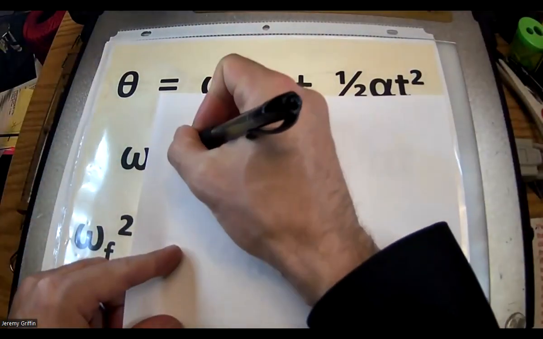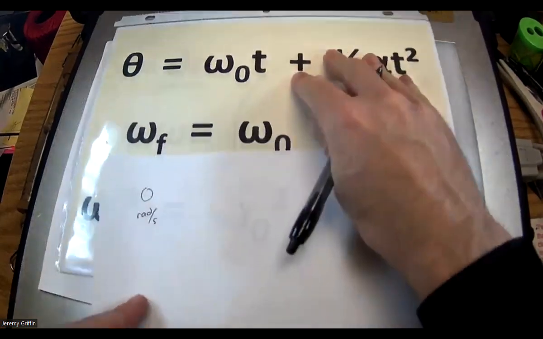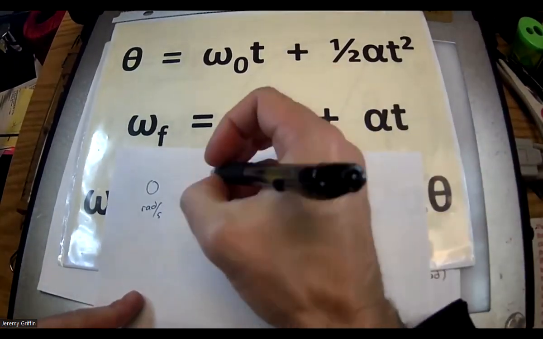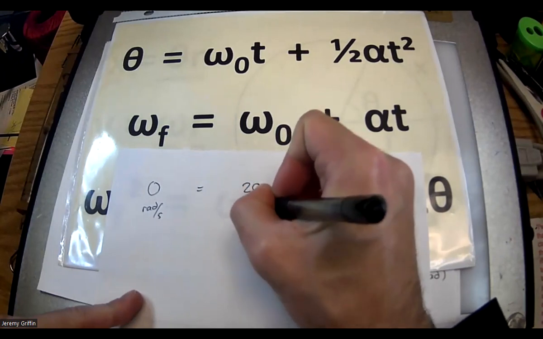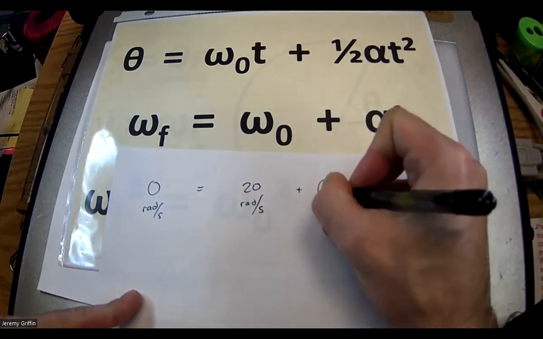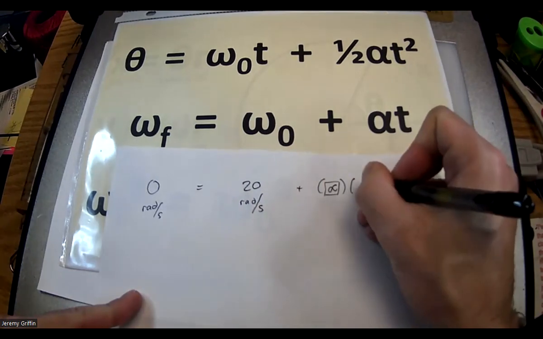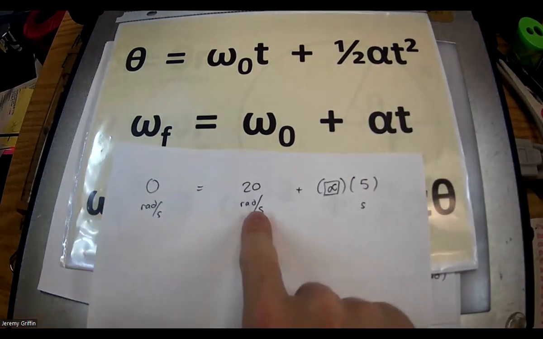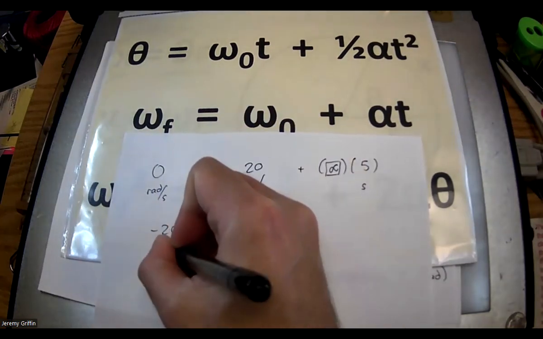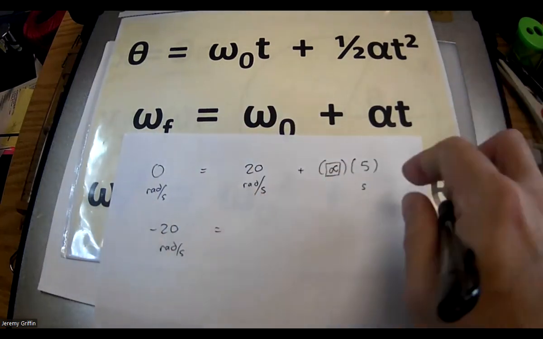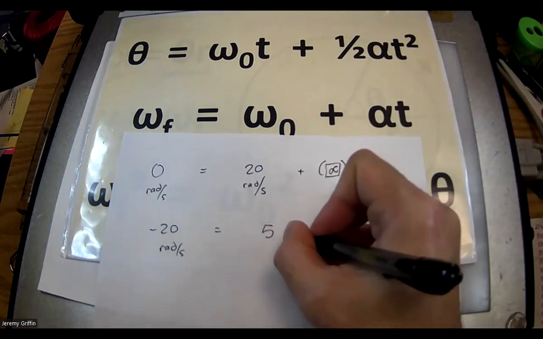So it's going to 0 radians per second, just playing off this kinematic formula right here, from 20 radians per second. It was slowing down at some rate that we're solving for, and it did this all in 5 seconds. So can I subtract over 20 radians per second? Call it negative 20 radians per second is equal to 5 times alpha.